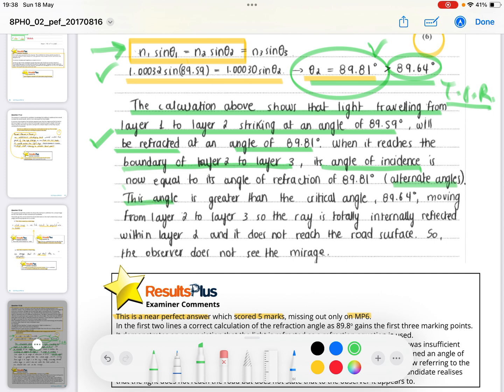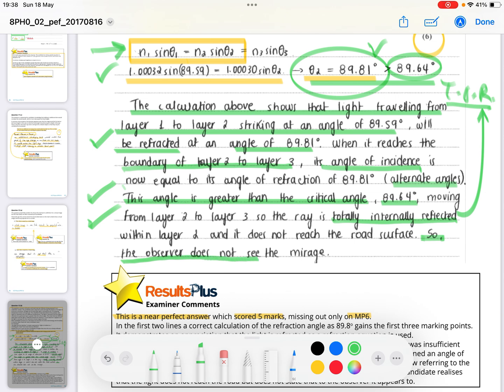All you need to say is this angle is greater than the critical angle for the second boundary, because they've given that to you in the question. Therefore, at the second boundary, it doesn't refract. It gets totally internally reflected. So that's what you've got to do. It's totally internally reflected within layer 2, so it does not reach the road surface. This is the final part where you didn't get the marks.